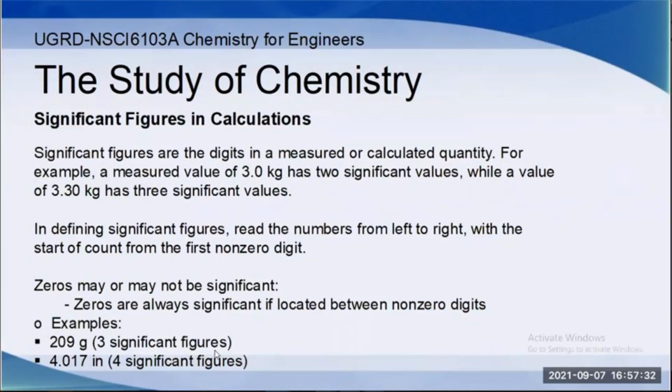Significant figures are the digits in a measured or calculated quantity. For example, a measured value of 3 kilograms has 2 significant values, while a value of 3.3 kilograms has 3 significant values. Okay. In defining significant figures, read the numbers from left to right with the start of count from the first non-zero digit. Before we proceed to the rules of counting significant figures, we need to understand first why significant figures is important.